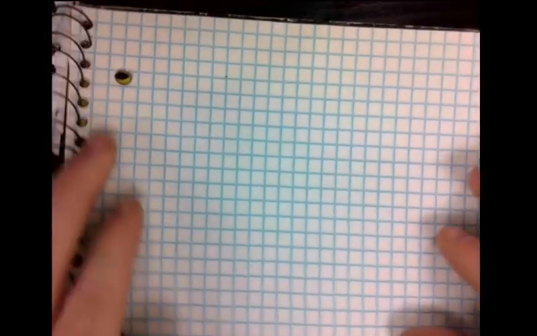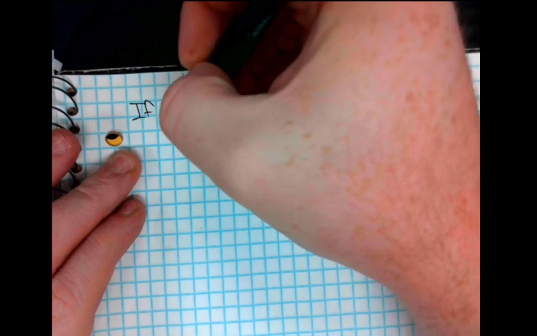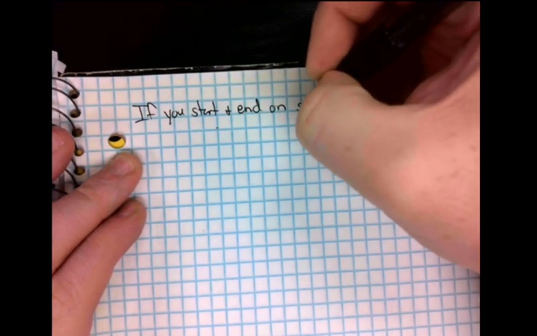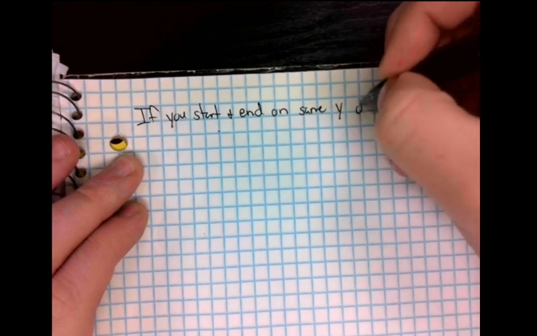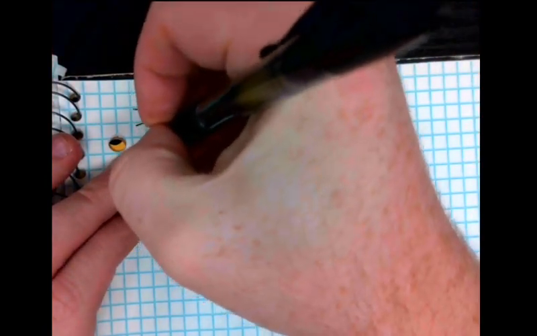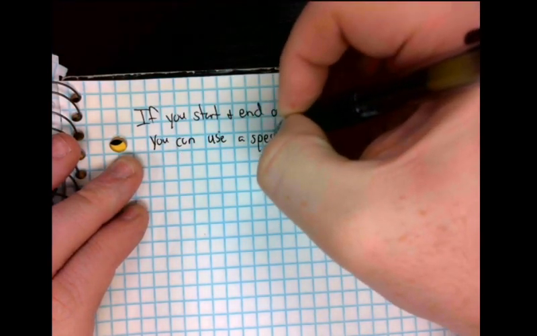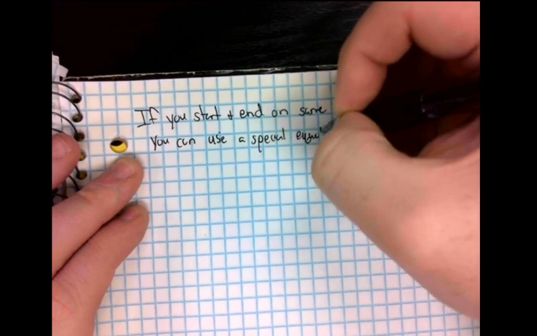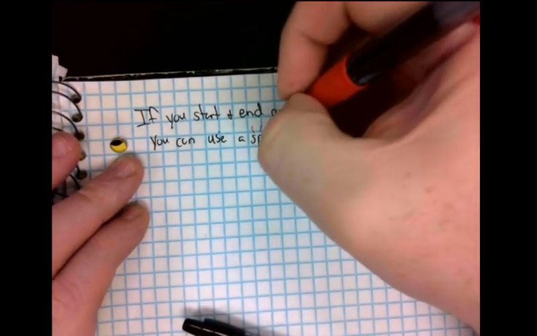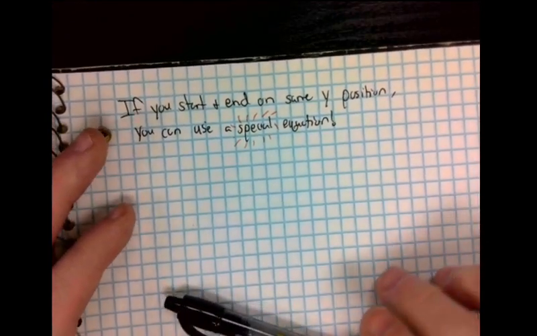If you start and end on the same y position, you can use a special equation. And it is a very special equation. It's so special, in fact, that I'm going to put little flashy marks around the special part.